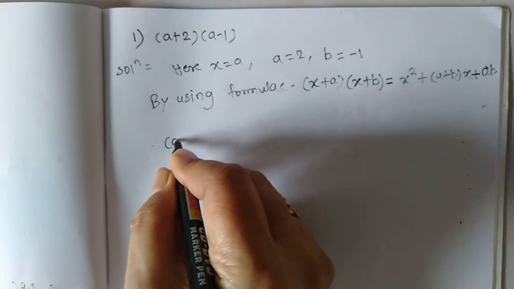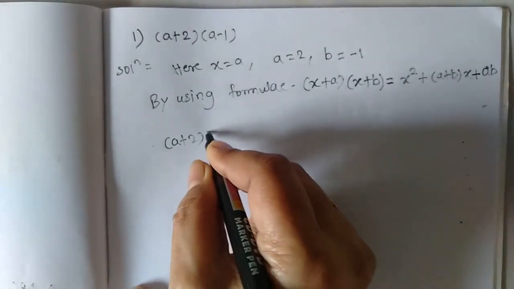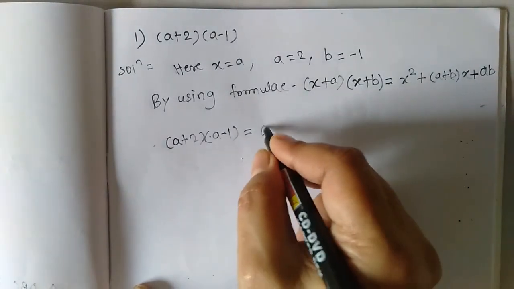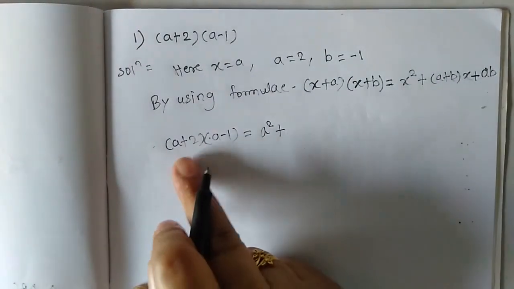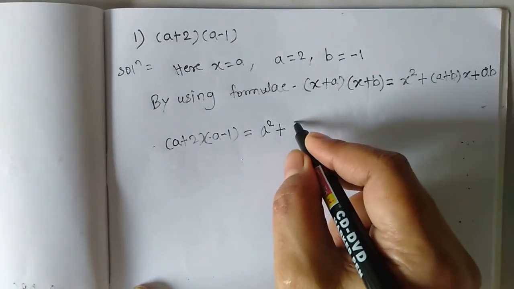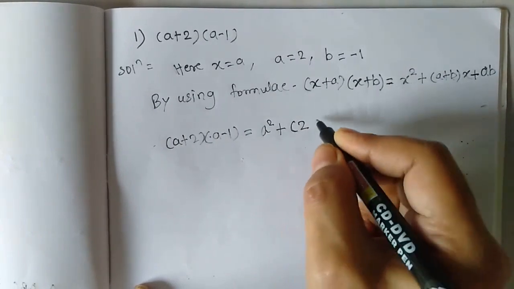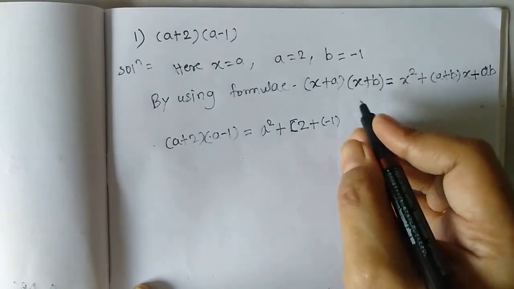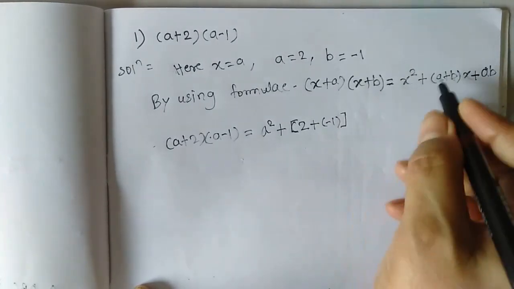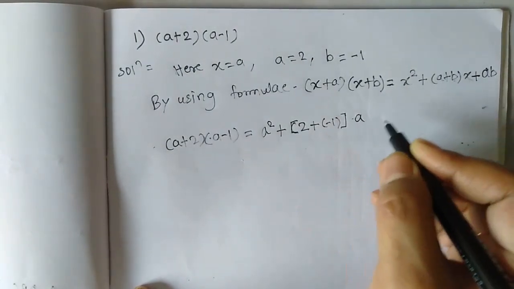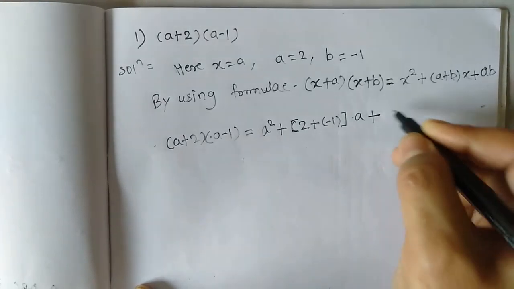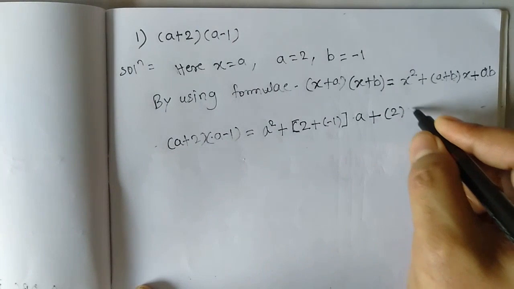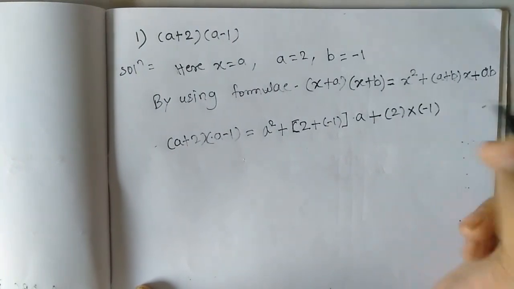Therefore (a plus 2) into (a minus 1) is equal to a square plus (2 plus minus 1) into a, plus a into b, that is 2 multiplied by minus 1.